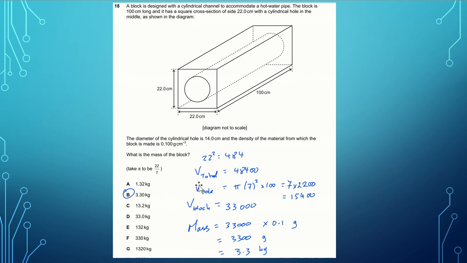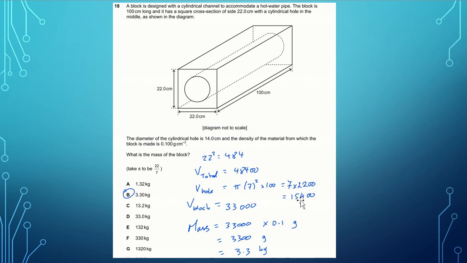Okay, well, the total volume, just need a cuboid. Don't forget, 22 squared is 484, just 4 times 11 squared. So using that times 100, we get the volume in total. The volume of the material that was in the hole, well, we need the volume of a cylinder, so that's pi r squared times the length.